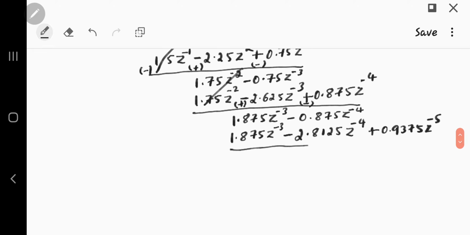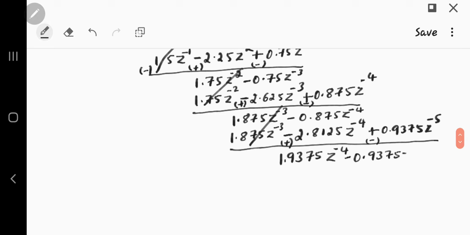So again, if you go for this, these two get cancelled. This is plus and this is minus. 2.8125 minus 0.875 will give you 1.9375 Z to the power of minus 4 minus 0.9375 Z to the power of minus 5.